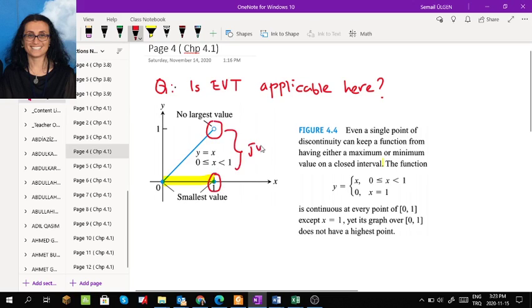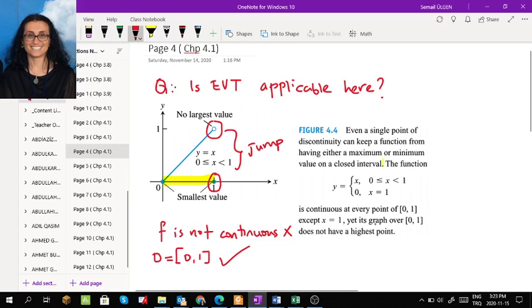So f is not continuous. So it doesn't satisfy the very first condition of extreme value theorem. The domain is 0 to 1, no problem. So it's a bounded closed domain. It's okay, but this is not okay. This part is failing, so you won't be able to use extreme value theorem.